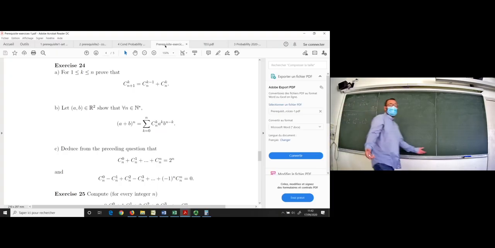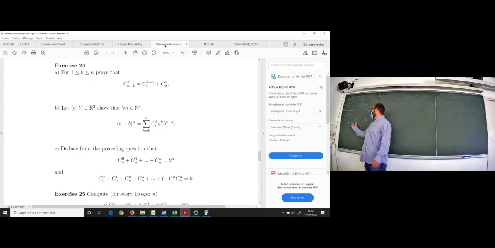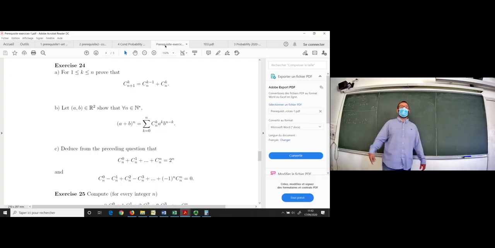Why not? It's an algebraic relation that you have to prove. We have the definition of each of them. We are going to do the sum and see that we get what we want. You have two possibilities: you can start from this side or from this side. In general in mathematics, we prefer to start with the complicated expression and try to simplify it instead of doing the converse.